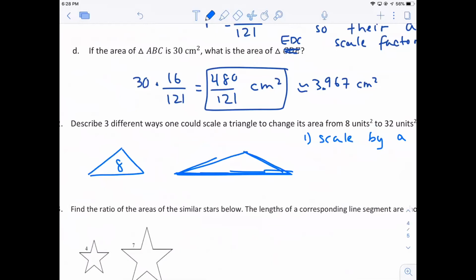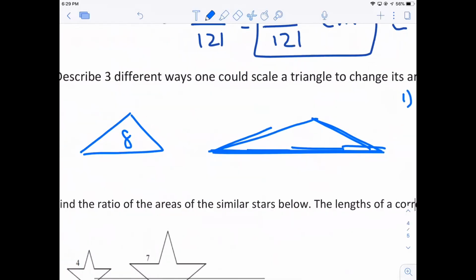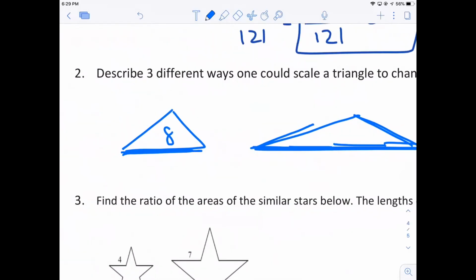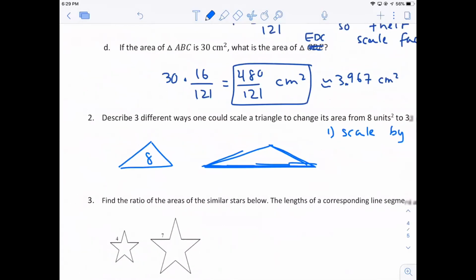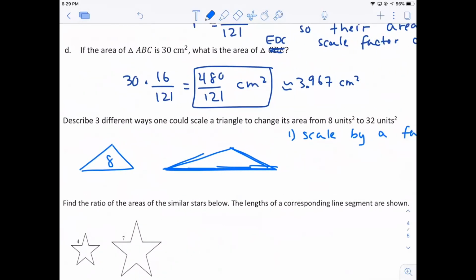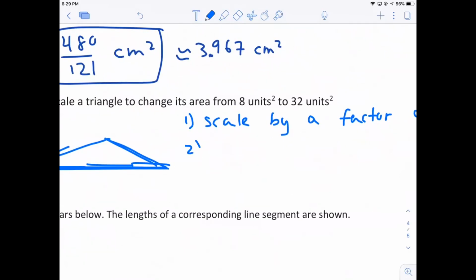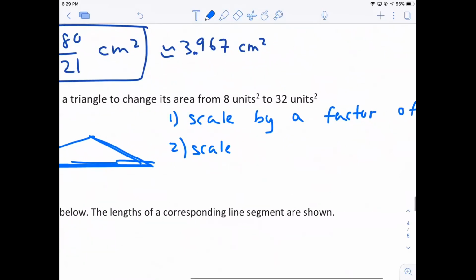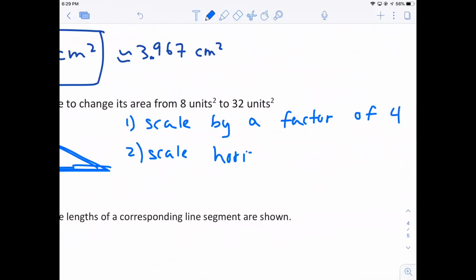Right? So I'm only scaling in one direction. And let's assume this is horizontal. So I can scale in the horizontal direction by a factor of 4. And that's it. Scale horizontally by a factor of 4.